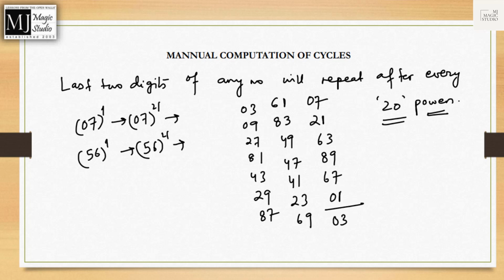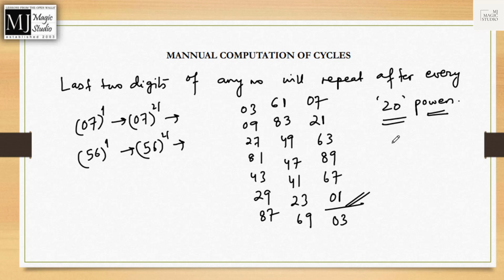After this, again we will get 03. Let's count: 1, 2, 3, 4, 5, 6, 7, 8, 9, 10, 11, 12, 13, 14, 15, 16, 17, 18, 19, 20. See, and this is the fact with any two-digit number power. Last two digits of any number will repeat after every 20 powers.